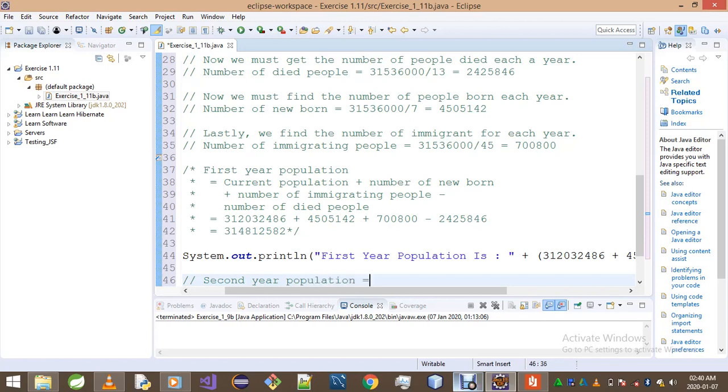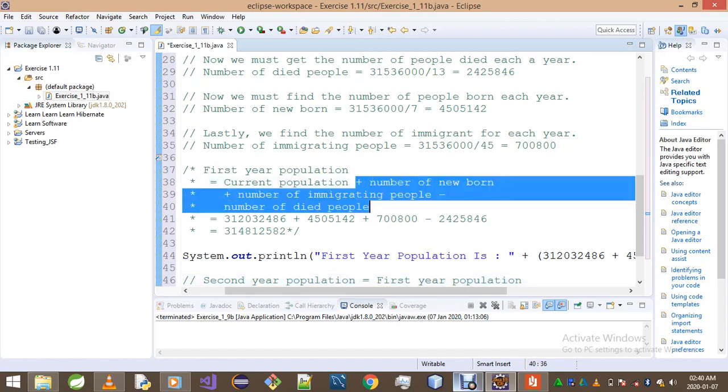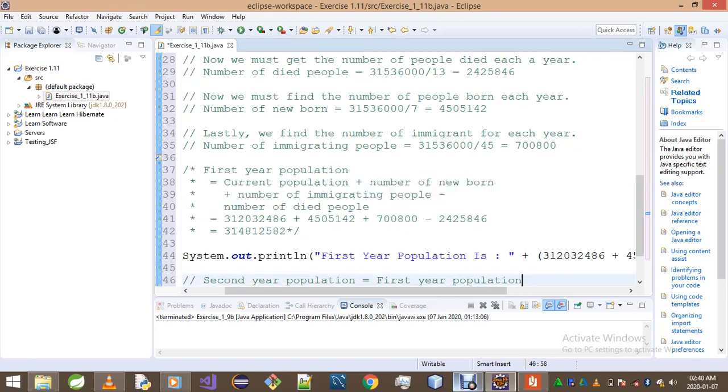Second year population is equals to first year population plus number of newborns. This will be the same.